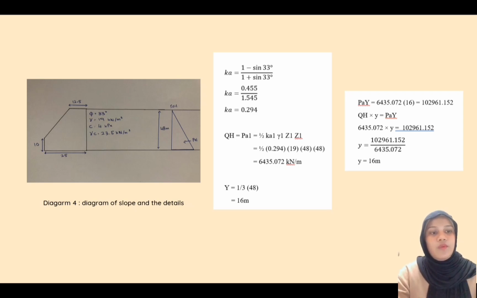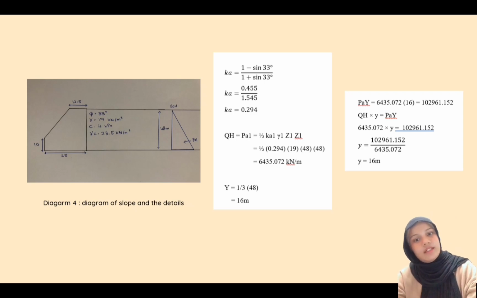So next we have to find PA1, which is 1 over 2 Ka1 gamma 1 Z1 Z1. So we have to fill in the value, which is 1 over 2 multiplied by 0.264 multiplied by 19 multiplied by 48 multiplied by 48, and then we get 6435.072 kilonewton meter. So PA1 equal to QH, so we have already QH over here, and then Y equal to 1 over 3 times 48, so we got 16 meter.